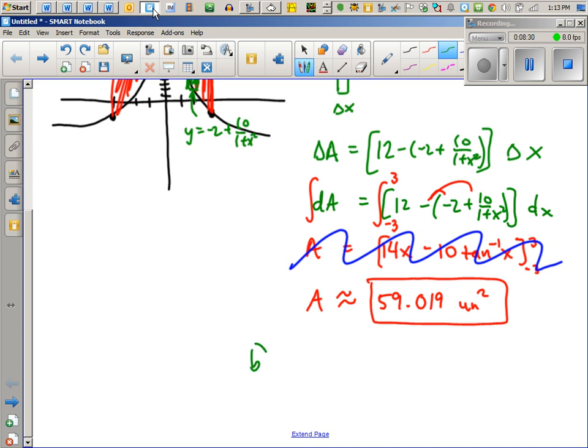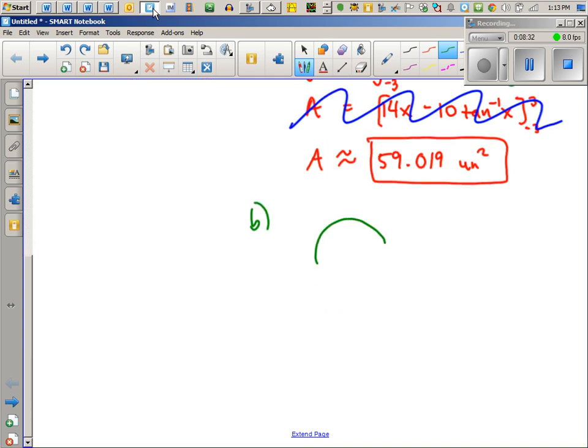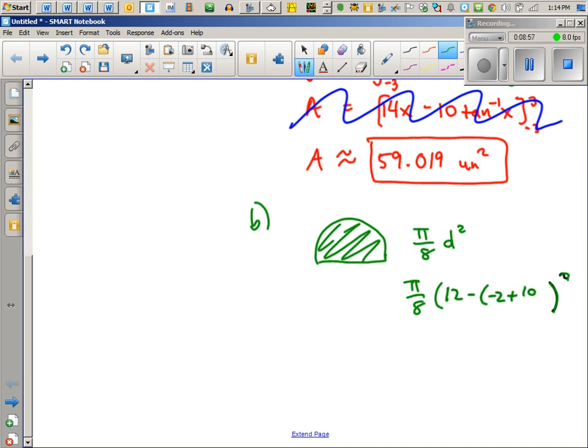So for part B, you've got semicircles. The area is pi over 8 d squared. The diameter corresponds to the y2 minus y1 in your calculator, as you've got it saved probably. But basically it's just the 12 minus -2 plus 10 over 1 plus x squared.